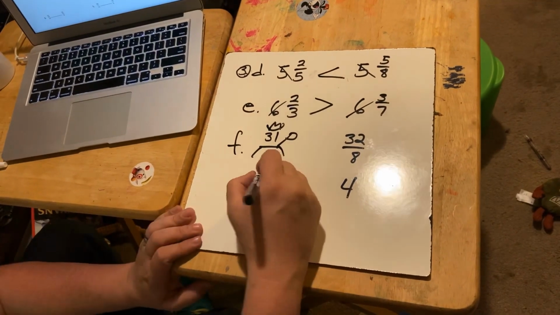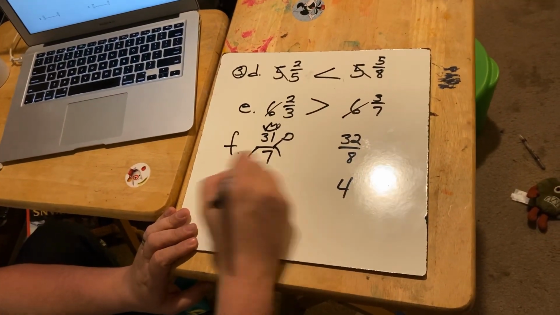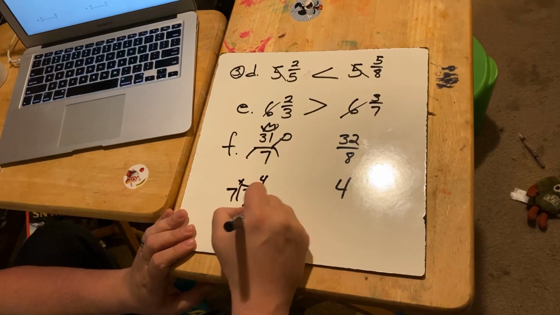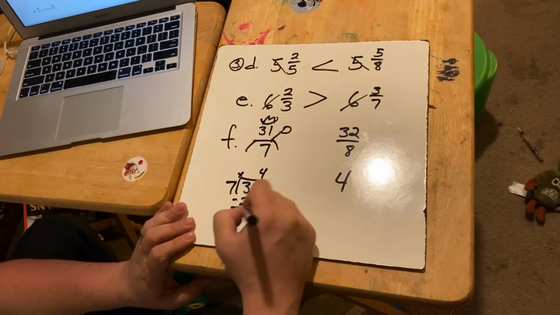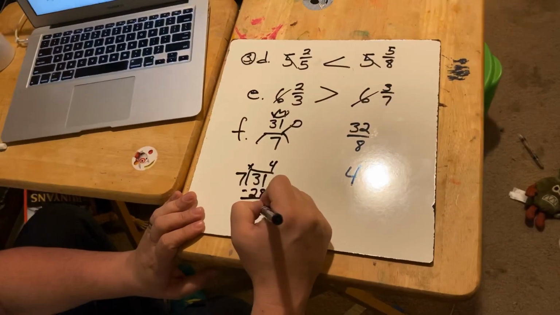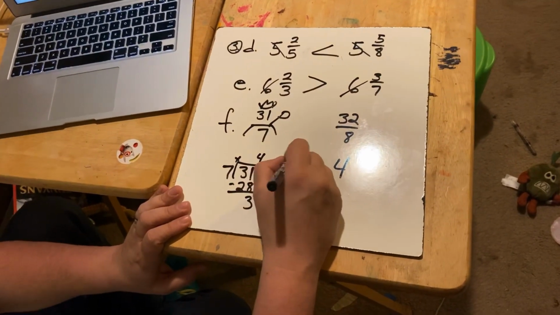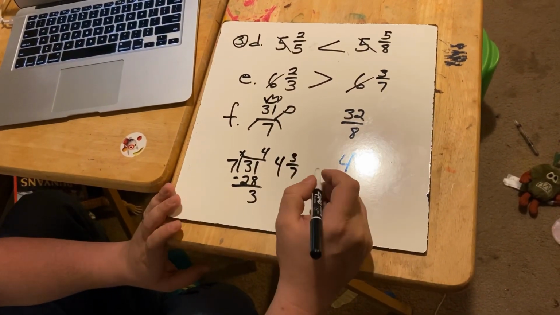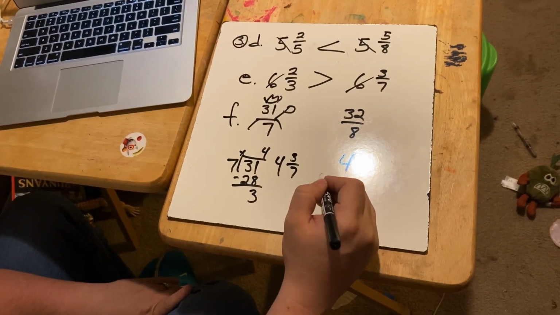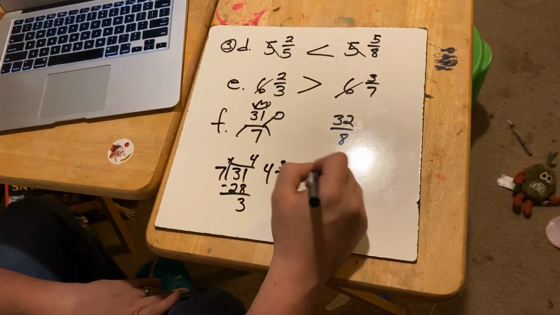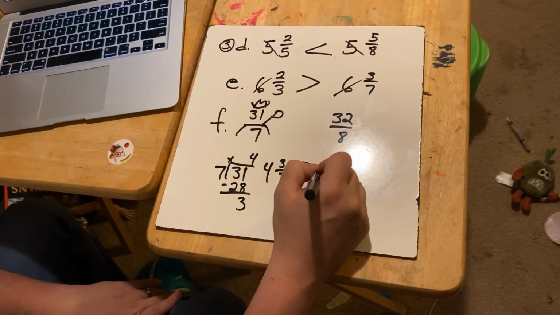But that's way too much, so it's going to be 4. 4 times 7 is 28. And 31 minus 28 is 3. So this is going to be 4 3/7. Well, 4 3/7 is going to be greater than just 4 without any fraction.